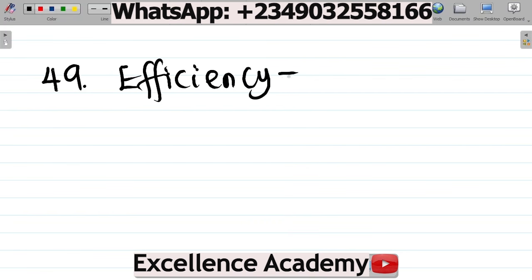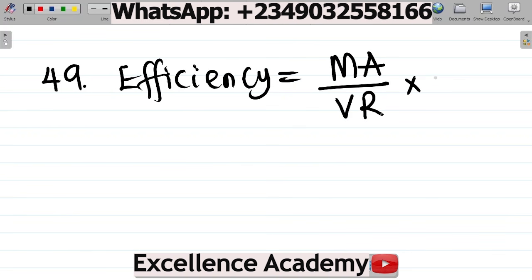Now for 49, you want to note that efficiency is equal to MA, mechanical advantage, all over VR, velocity ratio, times 100 percent. That's your formula.